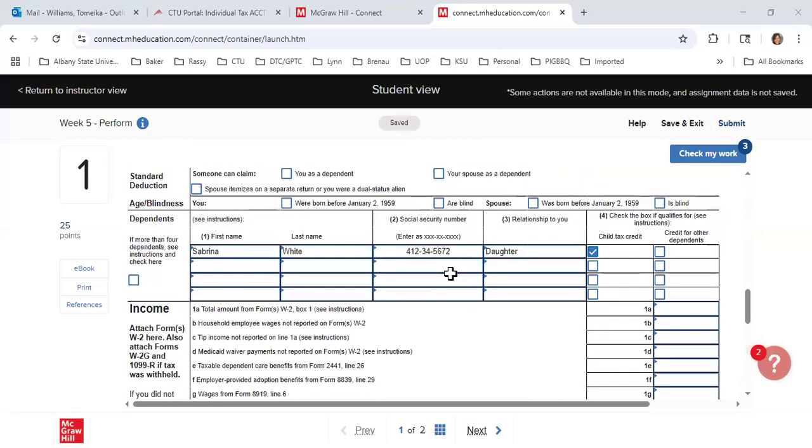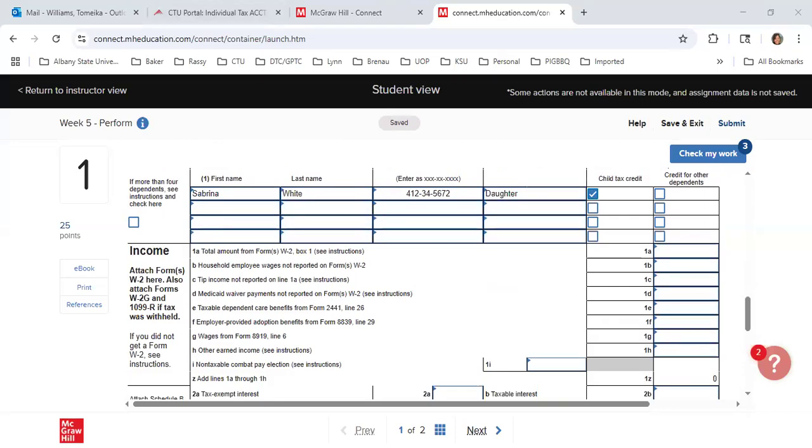All right, now we're going to move down to the income section, which is basically line 1A for the W-2 income that we were given. And the amount you should be placing on line 1A is 30,116. That's also going to automatically enter the number that is on line 1Z.